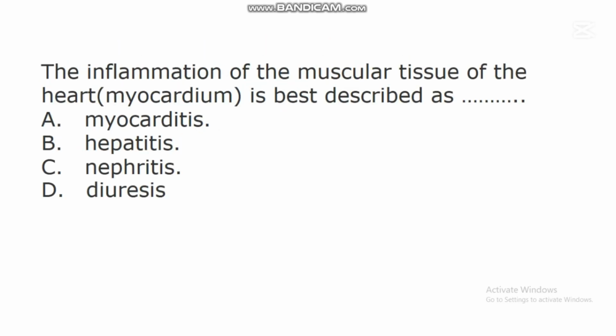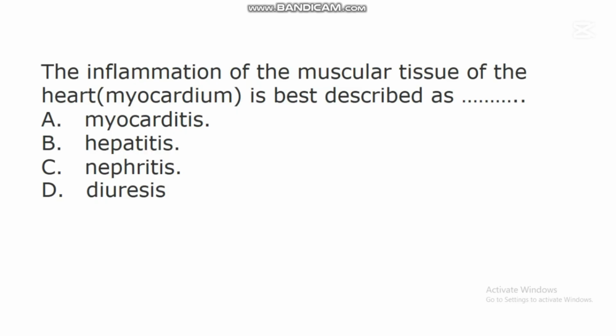The next question says, the inflammation of the muscular tissue of the heart, known as myocardium, is best described as that. A. Myocarditis. B. Hepatitis. C. Nephritis. D. Diuresis.